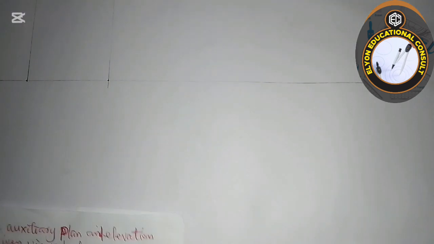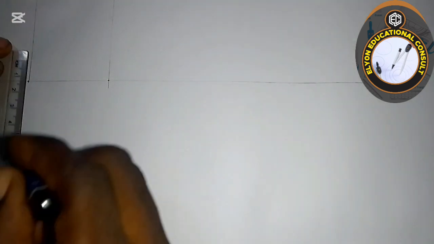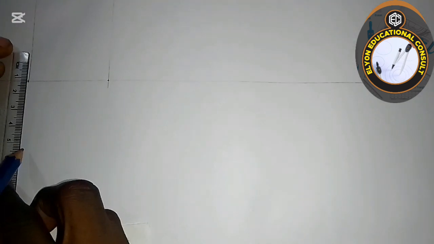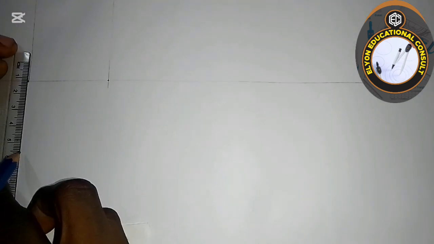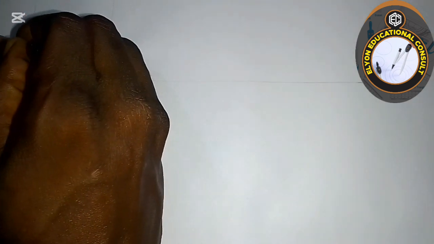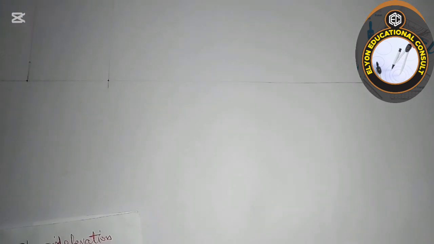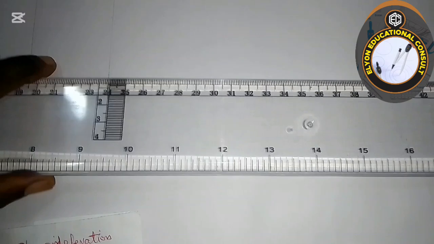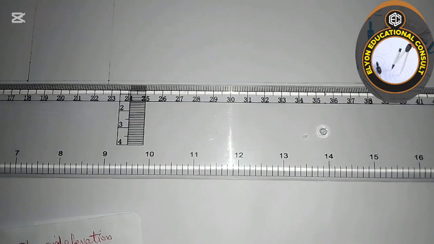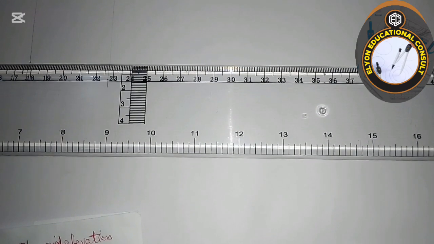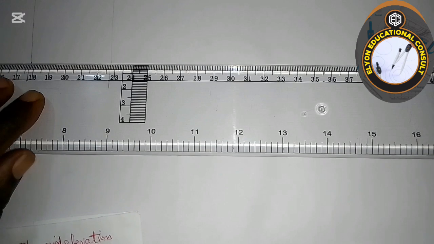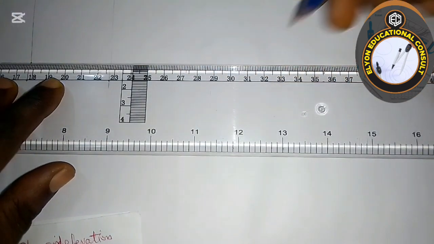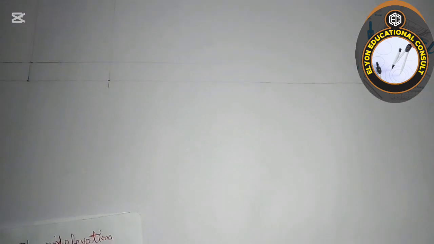The next thing I will do, we have here 12, so we put that in. That is 12 this way. So I'll produce that. So we have this that way.